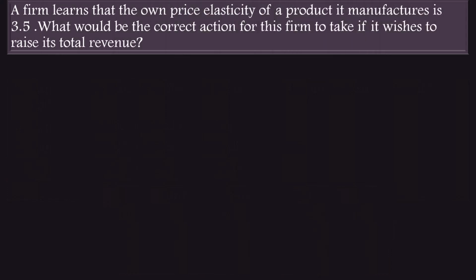Second question. A firm learns that the own price elasticity of a product it manufactures is 3.5. What would be the correct action for this firm to take if it wishes to raise its total revenue? Options.